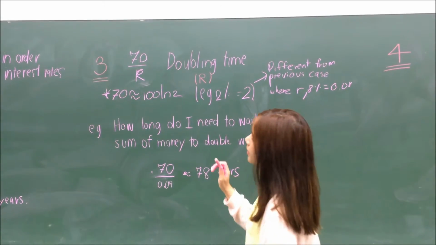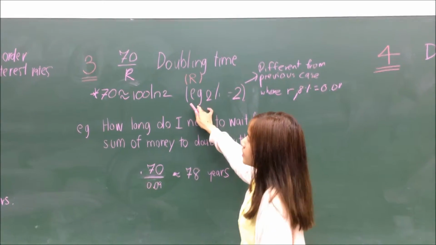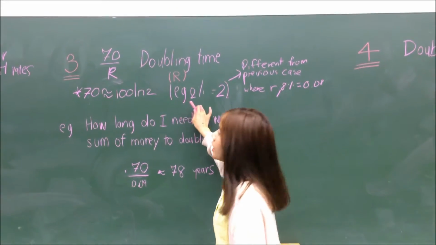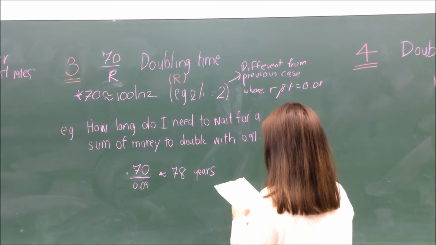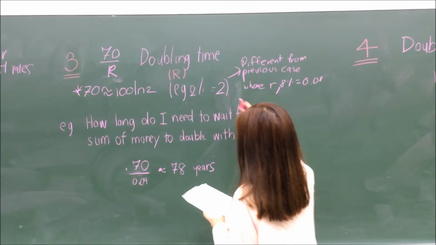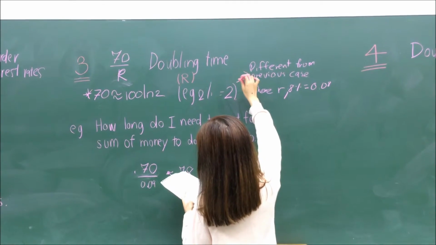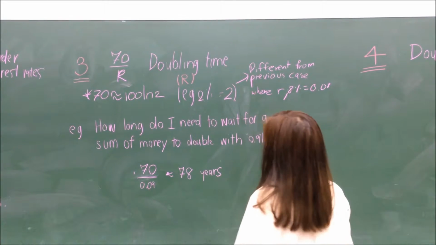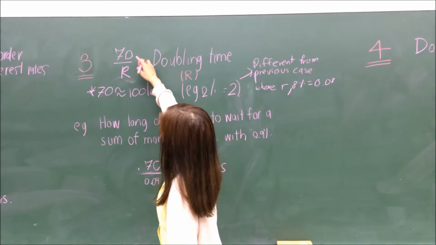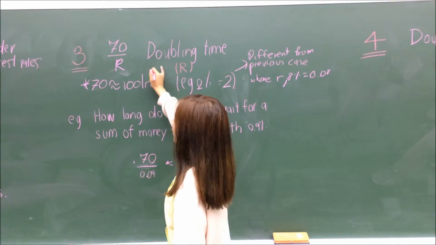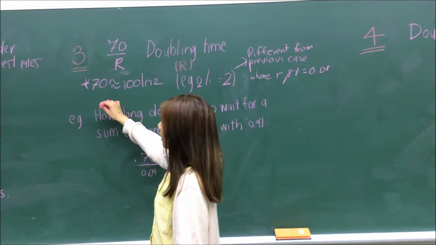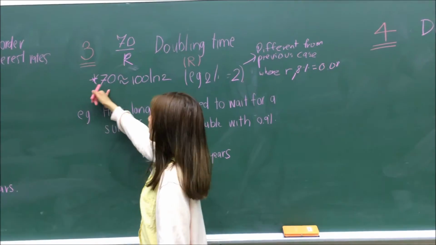After that, here is the third topic, doubling time. What is doubling time? Doubling time is how long it would take, at a given interest rate, for a sum to double. 70 divided by R is the formula for it. What is the origin of 70?